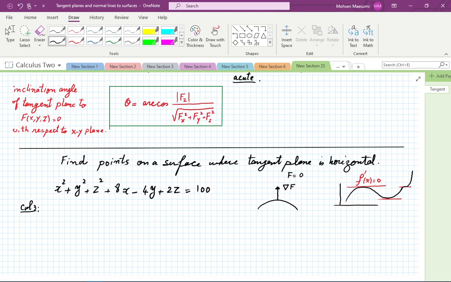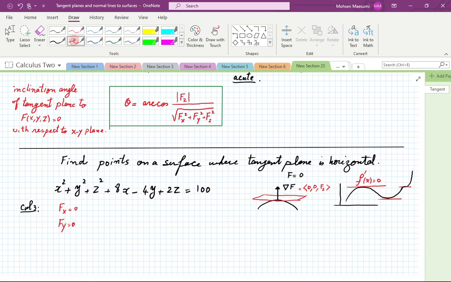So if you want the tangent plane to be horizontal, well, the normal to it will have 0 component 1, 0 component 2, and the third component, which is your non-zero component there. So you need the first two to be 0, so that means that you need f sub x to be 0 and f sub y to be 0.